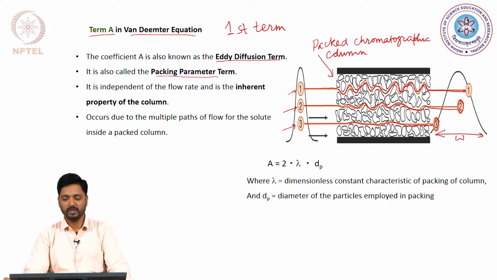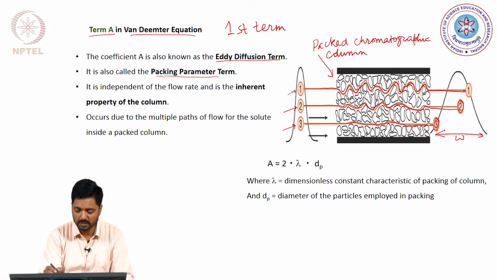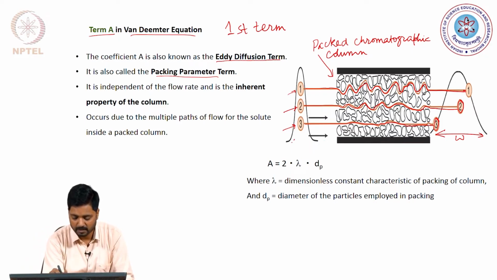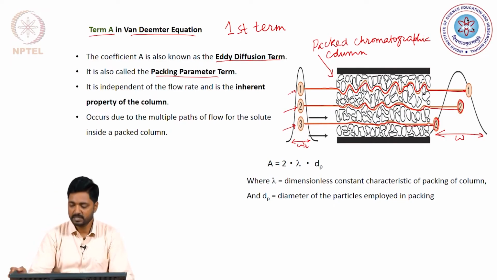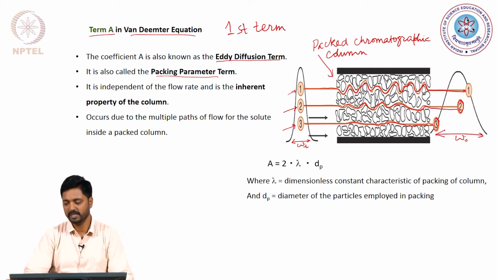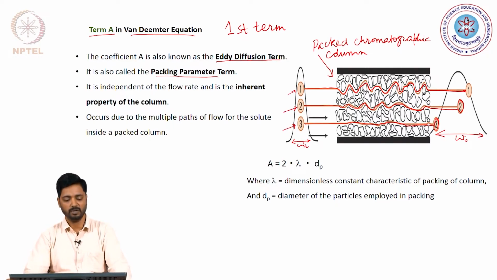So, what we observe is that as the solute enters the column, it has a much sharper profile or a smaller W value at the input stage, while at the output stage the W, or the width at the base, is significantly increased, and this increase is coming mainly because of the different paths that our solute molecules are taking inside the chromatography column.